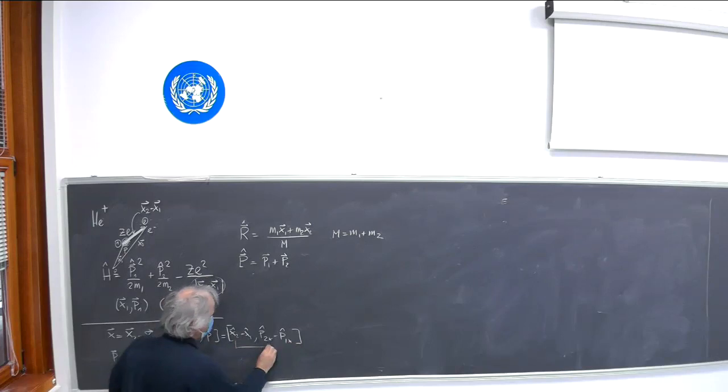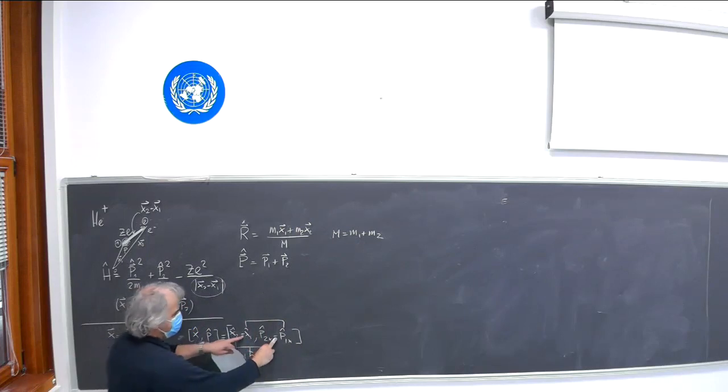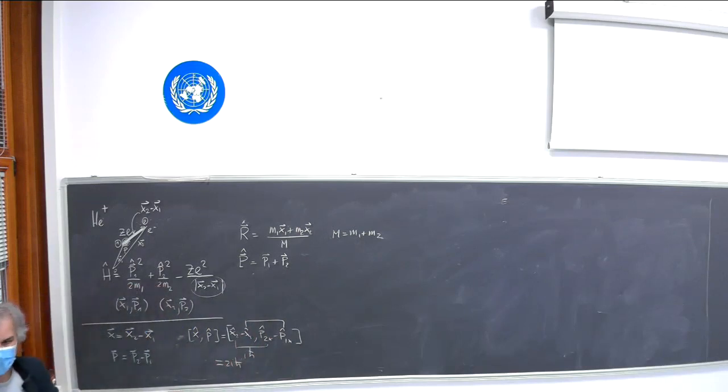So this commutator with that is i h bar. This commutator with that is i h bar plus. So the result is 2 i h bar. Not very nice. So this is not a good way of writing a relative momentum, although it looks very reasonable.